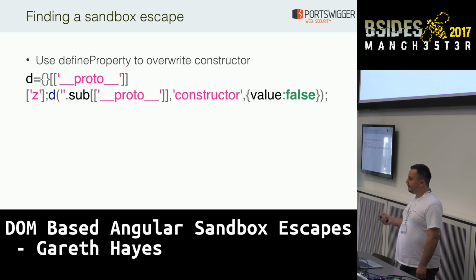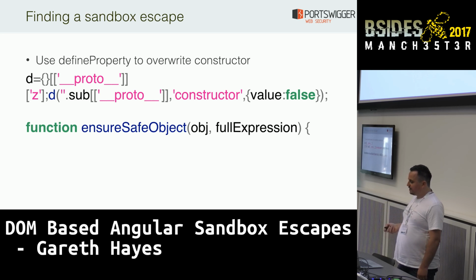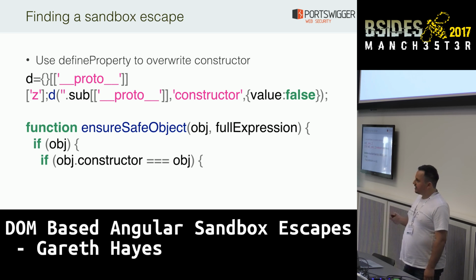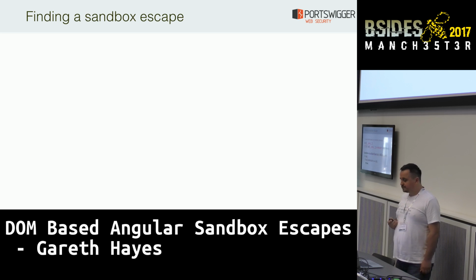But why do I want to do that? Well, if you look at the ensure-safe object function, it has a truthy check, and it's checking the constructor to equal itself. So I'm changing that value to false, so this will skip that check, and that exception will not be thrown.